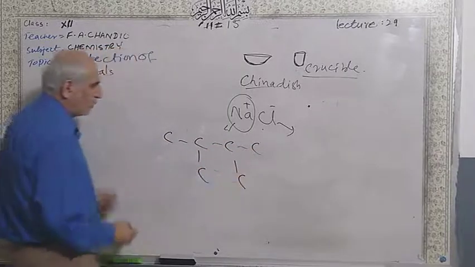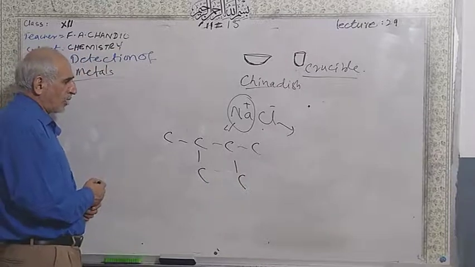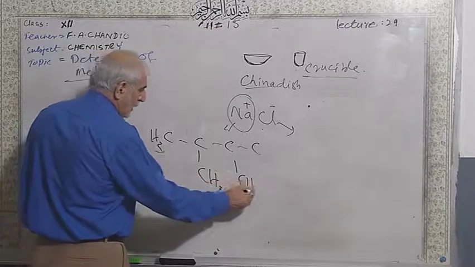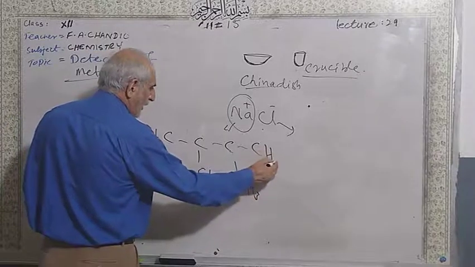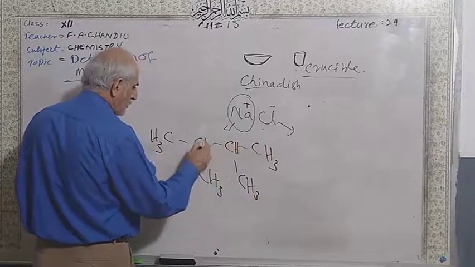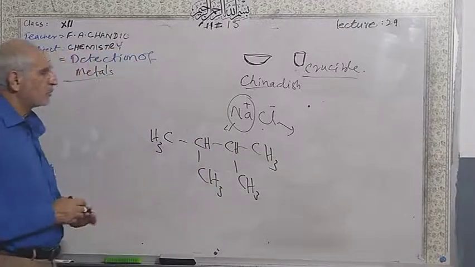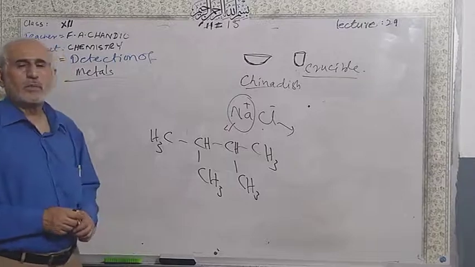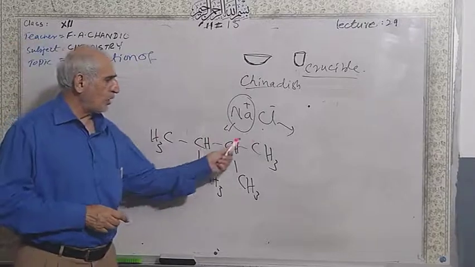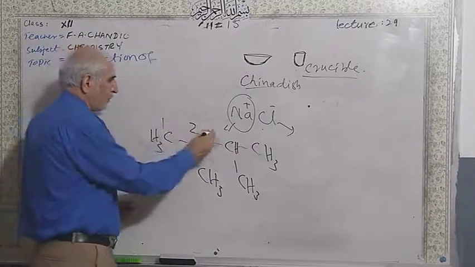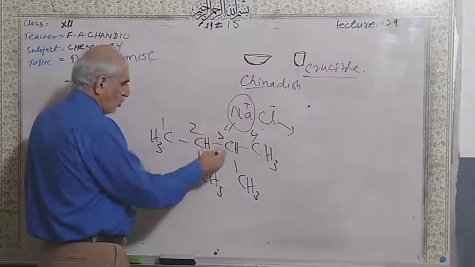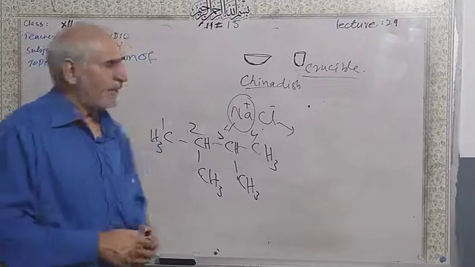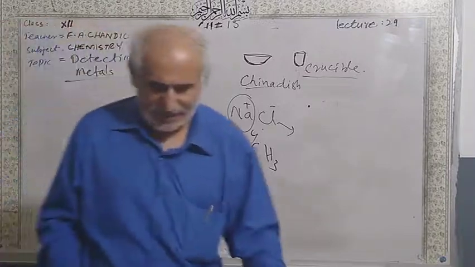Like this one, this is the branched alkane, 1, 2, 3, 4. 2,3-dimethylbutane. So this is the alkane.